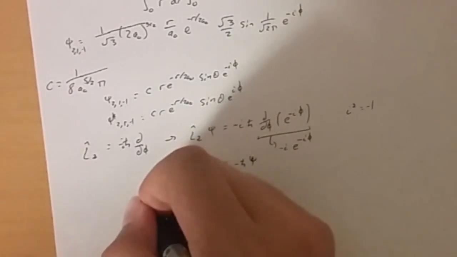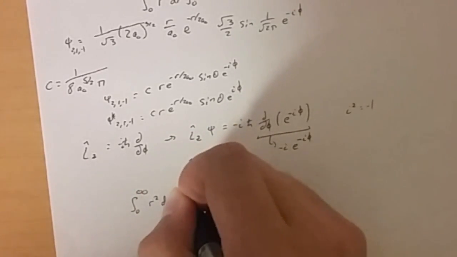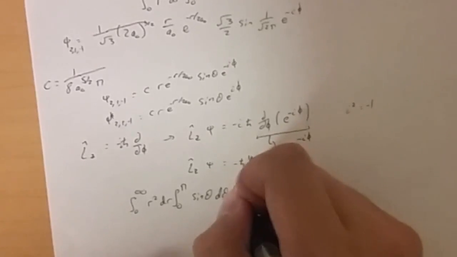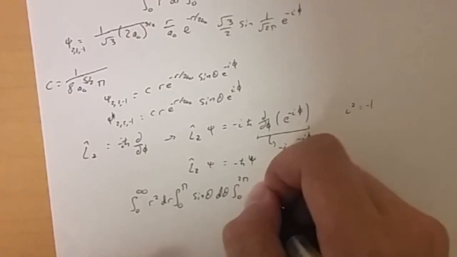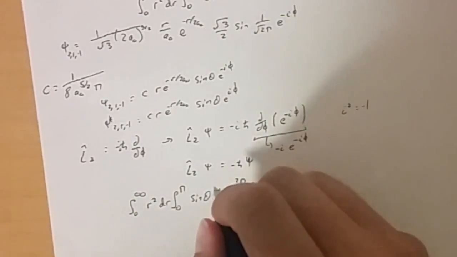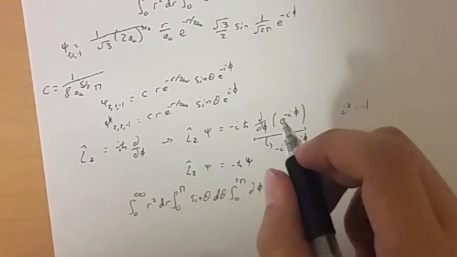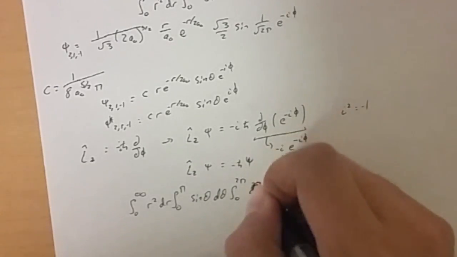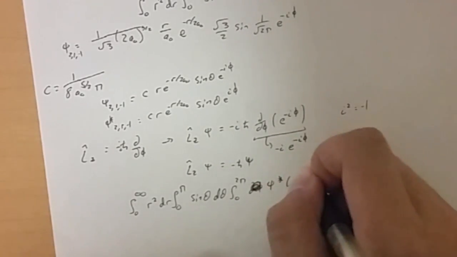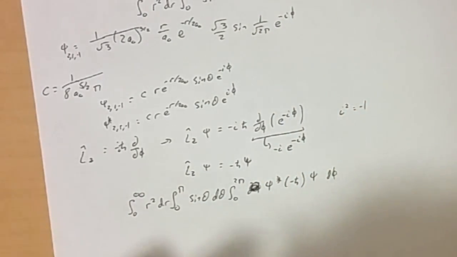So we're looking for this of r squared dr, 0 to pi sine theta d theta, 0 to 2 pi of d phi, and now I'm going to put this on the outside just to make things clear: the complex conjugate, negative h bar, like this, and then we can put this guy out here.